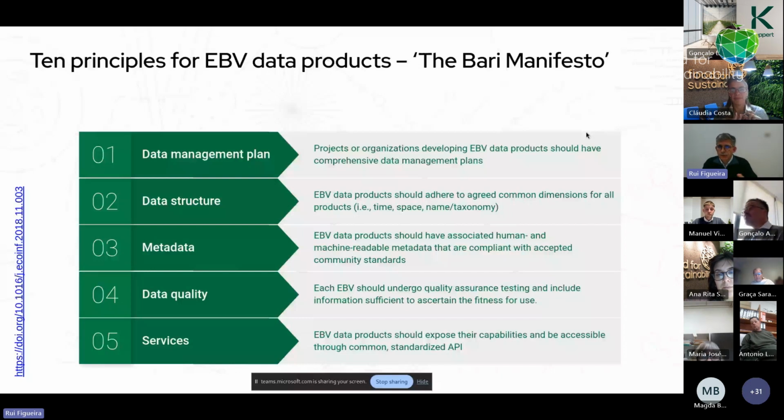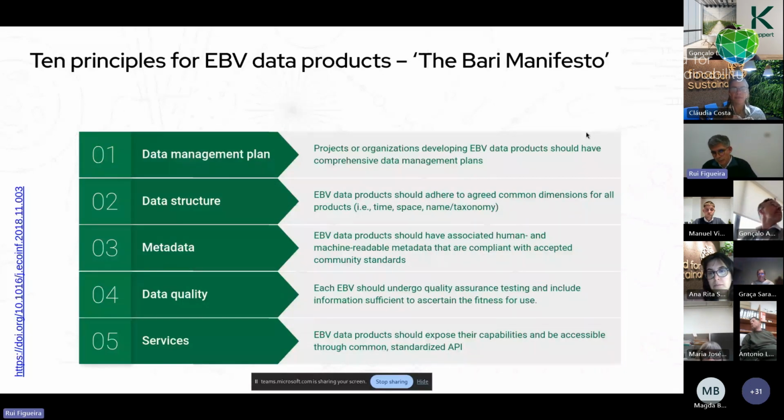We also should rely on data structure that defines different types of data, different domains, and the relation to other data sources that will support time, space, taxonomy, types of data.